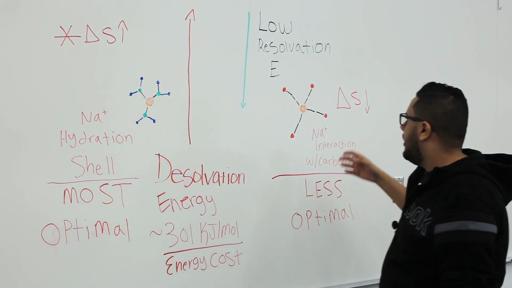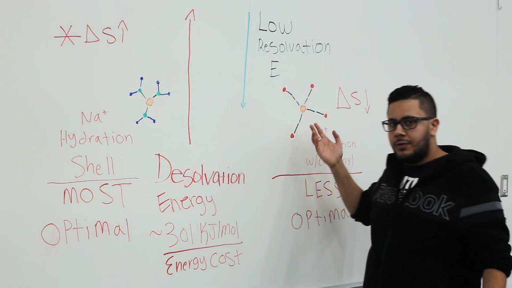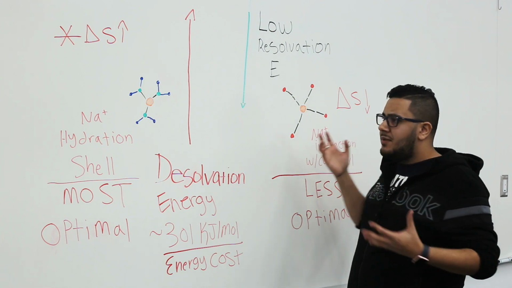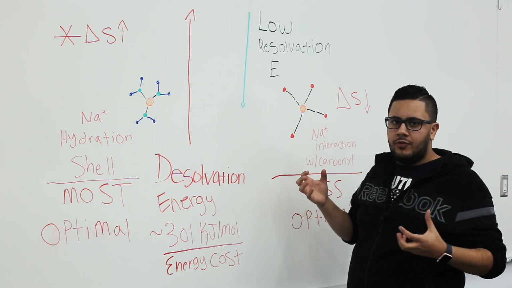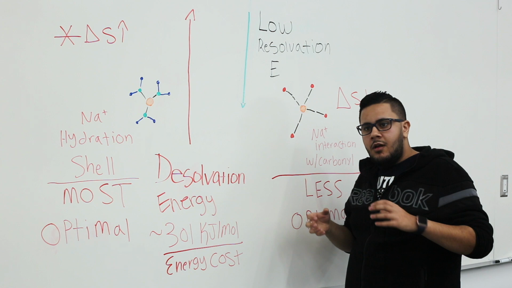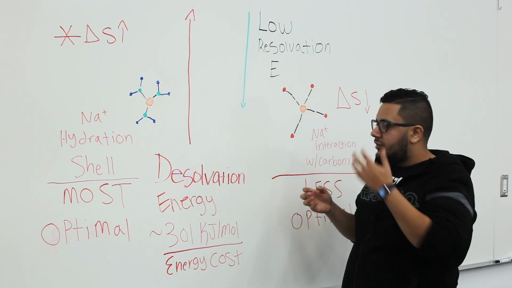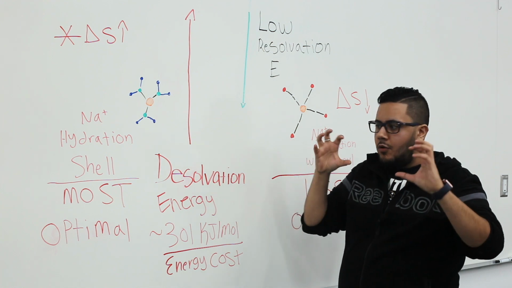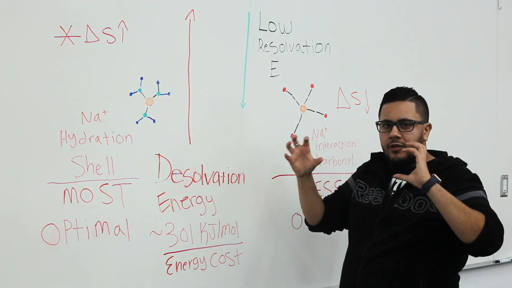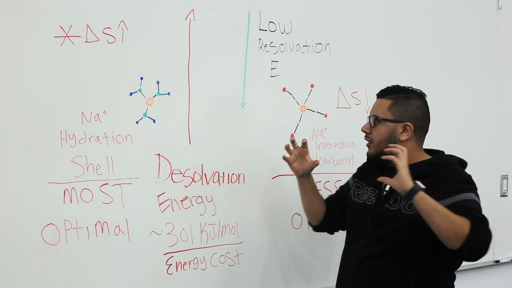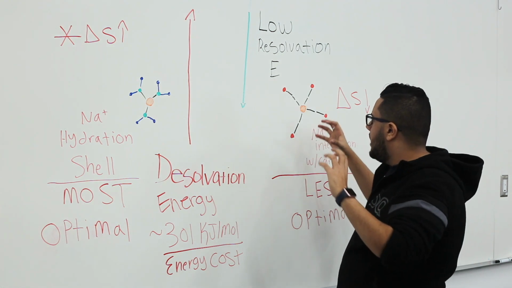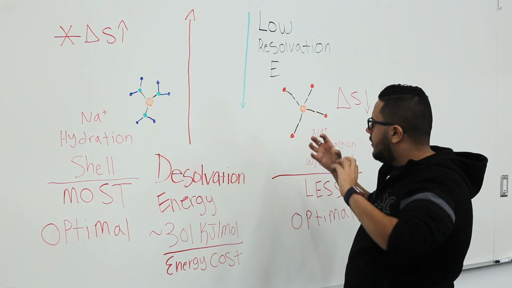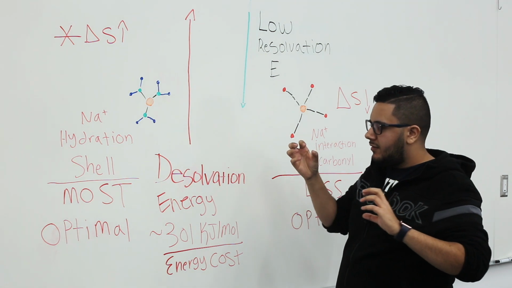If we were to look at the carbonyl, which has low entropy, the carbonyls within the residues in the selective region of the potassium ion channel are kind of stuck in place. There is no way they're able to move and adjust in order to form better interactions with sodium. Sodium is pretty small compared to potassium.